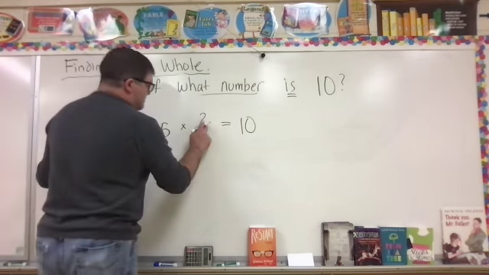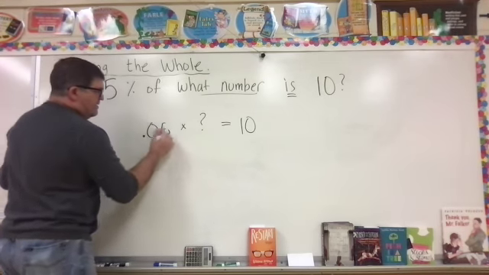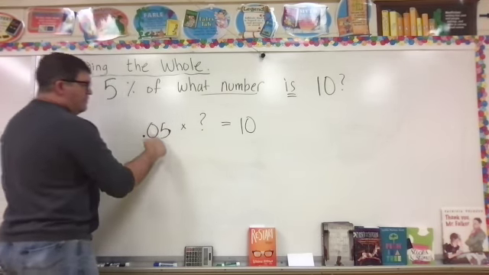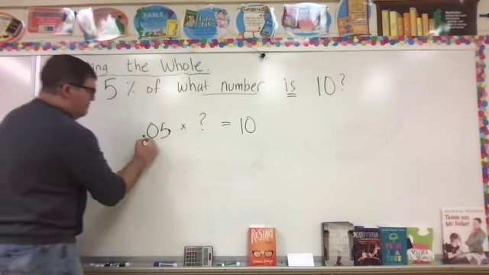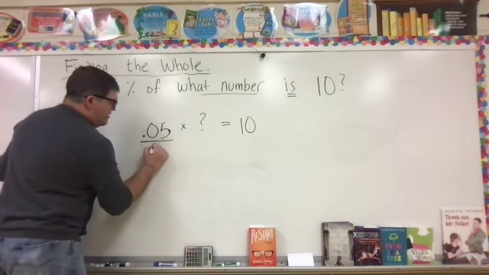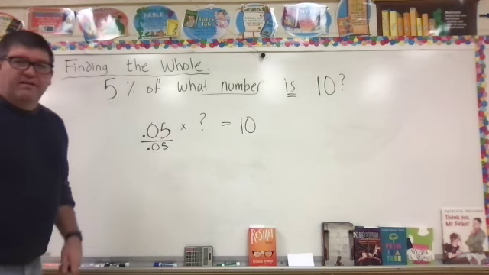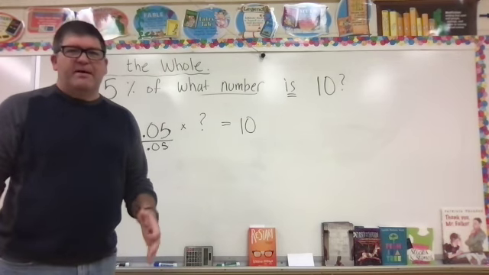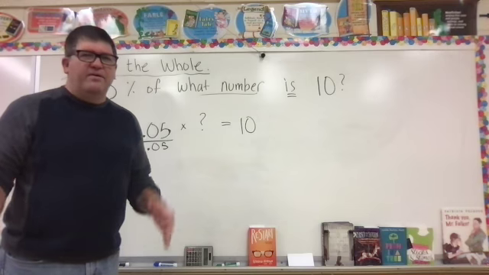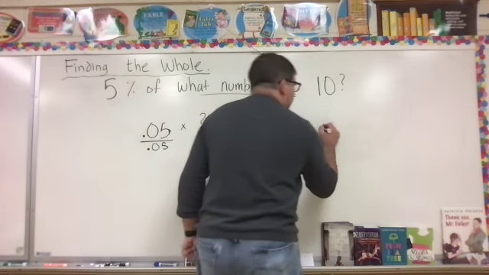And the way I get this is I want to get this part to 1, because 1 times something will be good. So I divide it by itself. Any number divided by itself equals 1. I know that's true. 5.